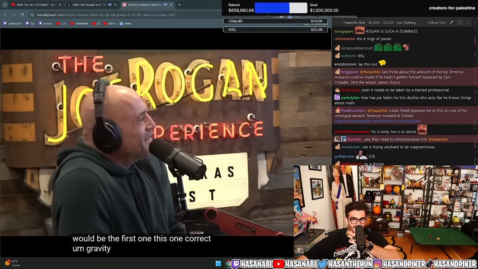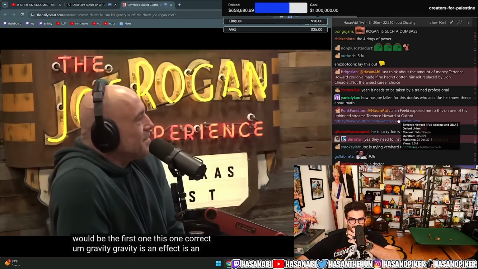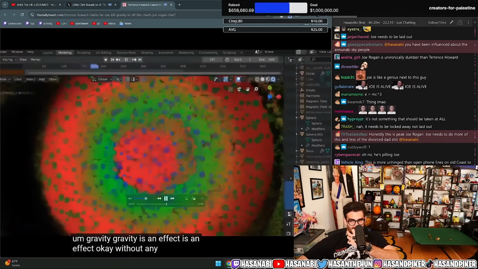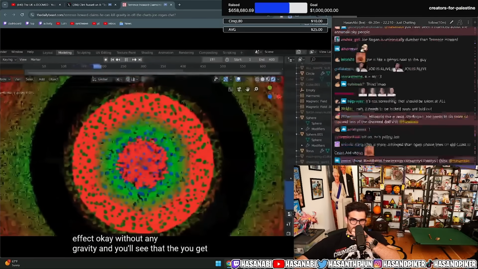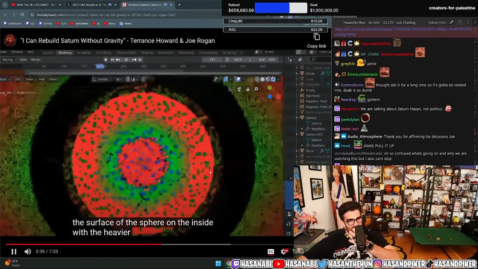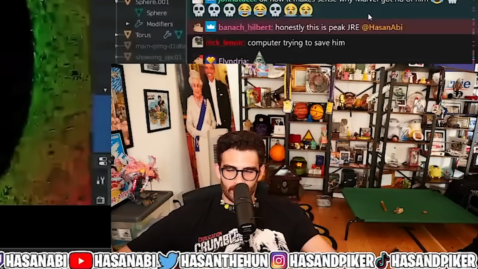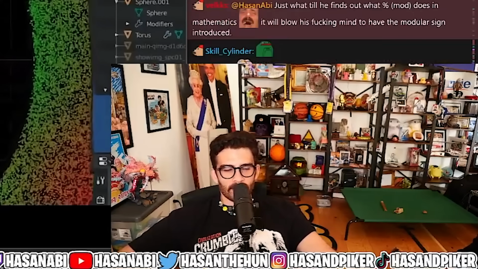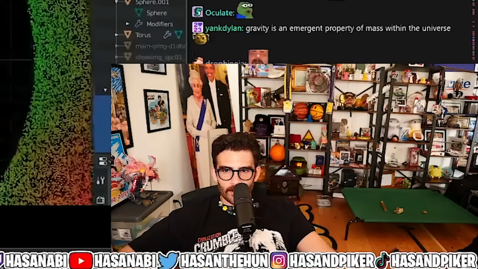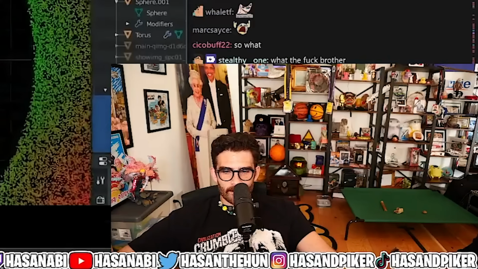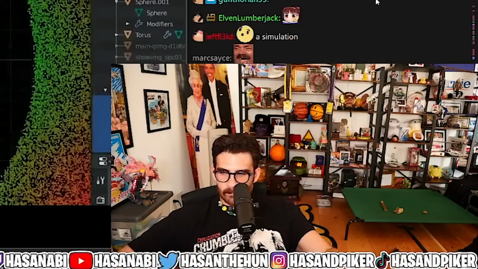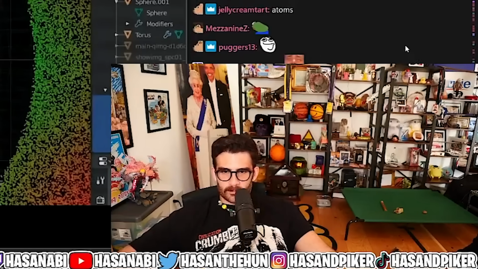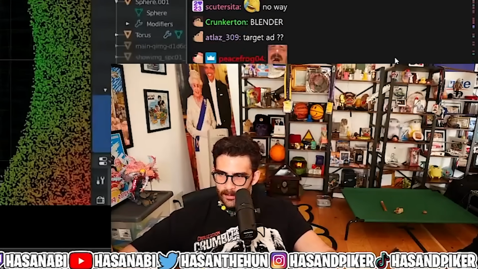Gravity is an effect. Okay. It's an effect without any gravity. And you'll see that you get a surface of the sphere on the inside with the heavier particles. So are you basically saying that you guys can recreate planets? Yes, this is a particle simulation of the physics involved in making up the planet Saturn.